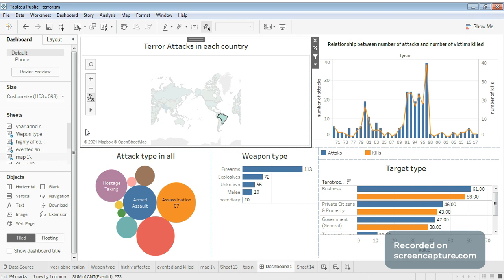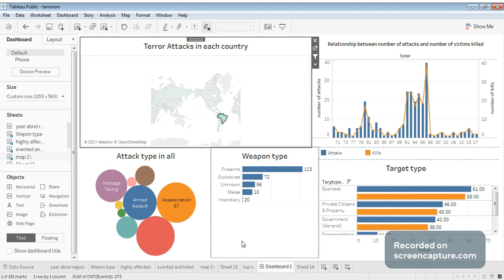When you come down and look at the type of attacks, there are 67 assassinations, and armed assault and hostage taking have been the most after assassination. You'll also see the type of weapons used there.